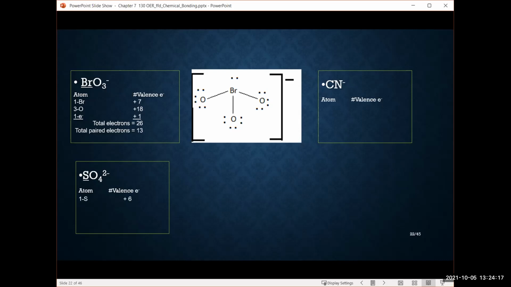Sulfur brings in 6. There are 4 oxygen. Each one brings in 6, so there's 24. Okay, and then we add a 2 because it's a -2 charge, so we have a total of 32 valence electrons or 16 pair.